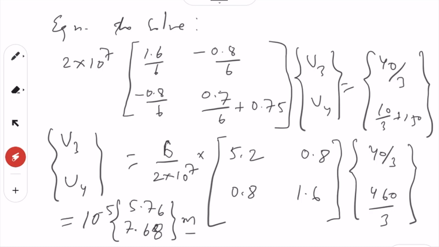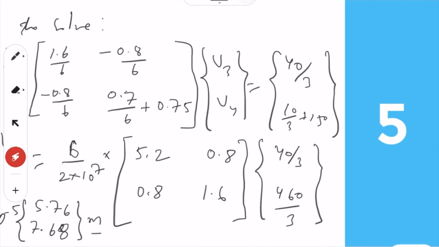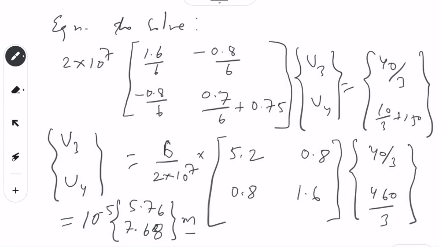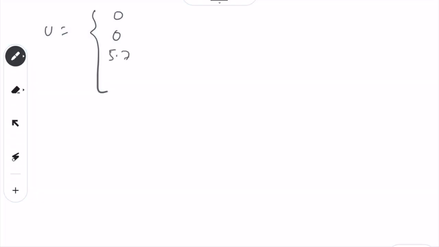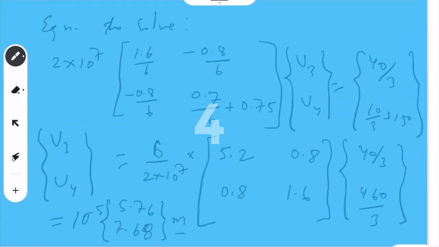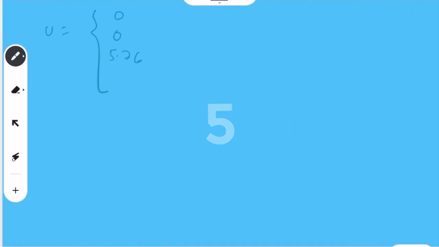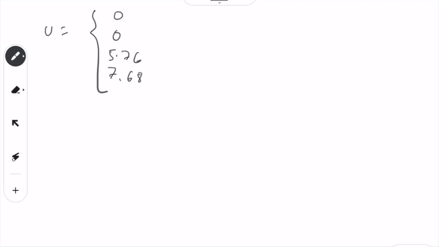Now we know that our u is basically: first one 0, second one 0, third one is 5.76, and then 7.68, times 10 to the power minus 5 meter.